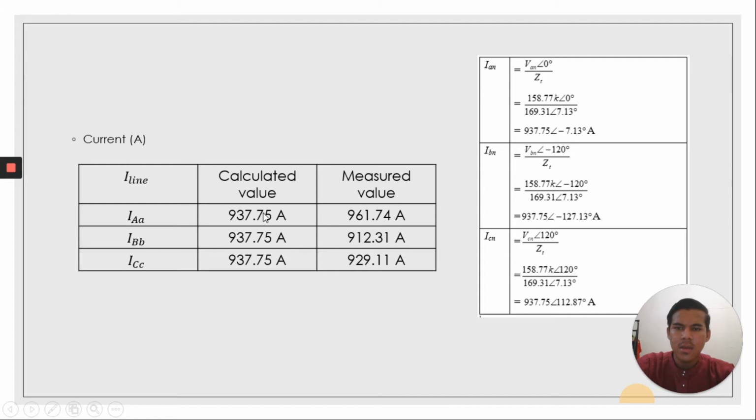Okay, next we are going to the current value of the calculated and the measured. As you can see here, the calculated value and the measured value also did not have the same value.